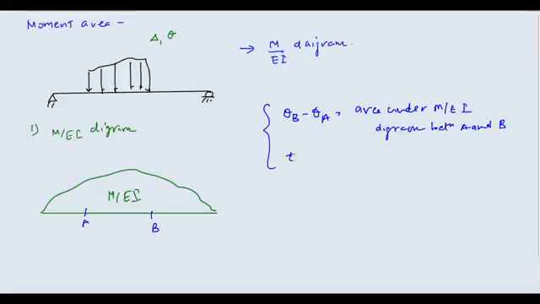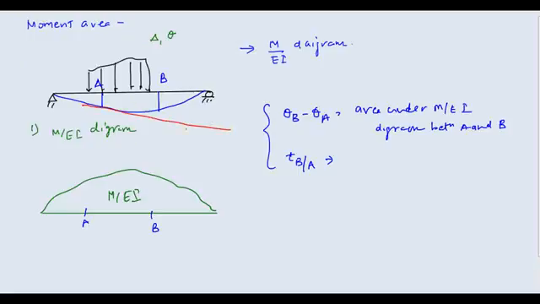I also told you the meaning of t B upon A. Suppose the deflected shape is like this, and you have one point A here and one point B here. Now suppose you draw a tangent at A, something like this.